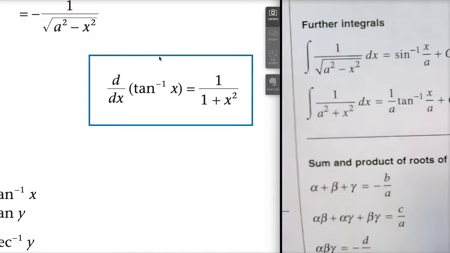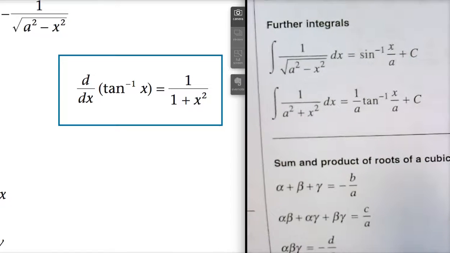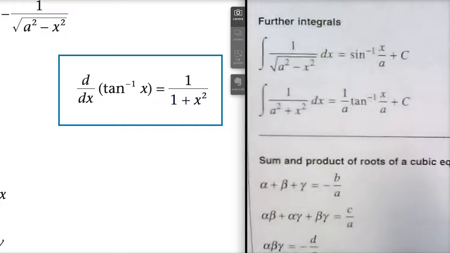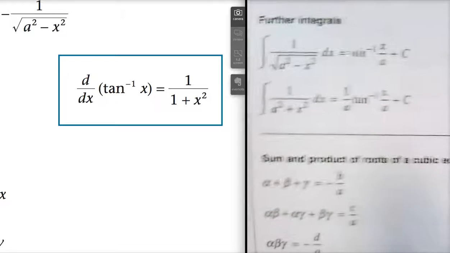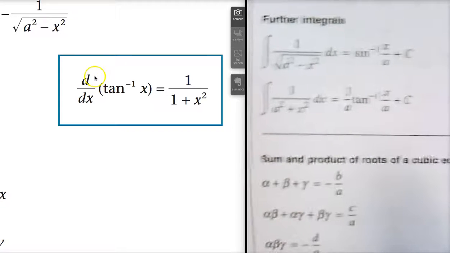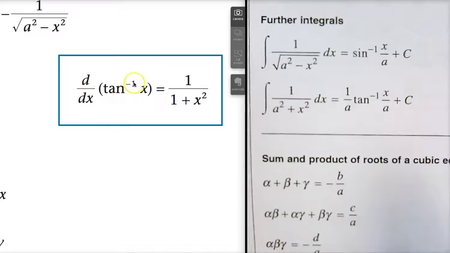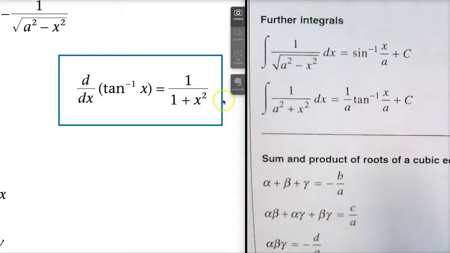If you differentiate, okay, this one's a little bit tricky. If you differentiate the inverse tan function, you get 1 over 1 plus x squared.